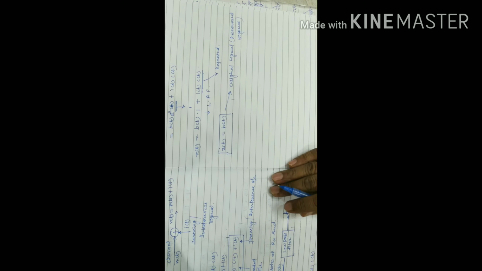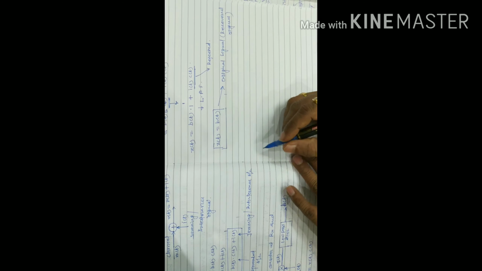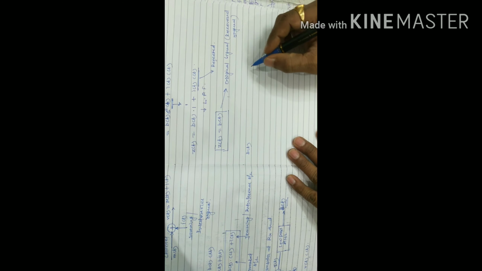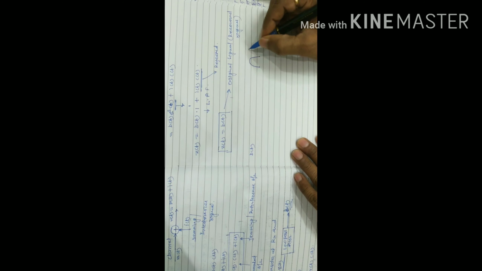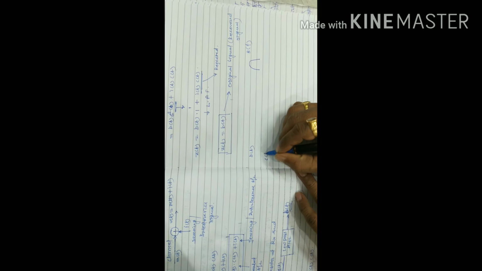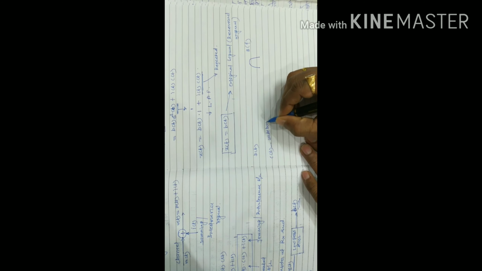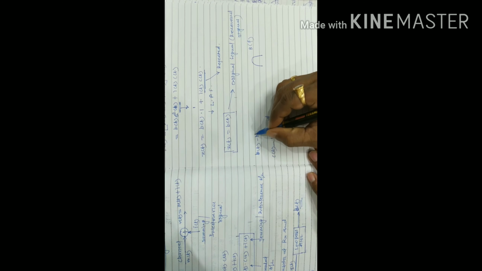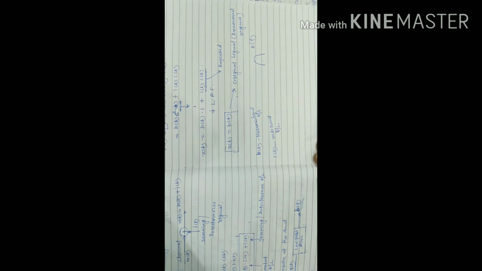Now if we consider the frequency domain analysis, then b of t is represented like this, which is b of f. If we take the c of t, we denote this as a wideband signal. This is a narrowband signal.